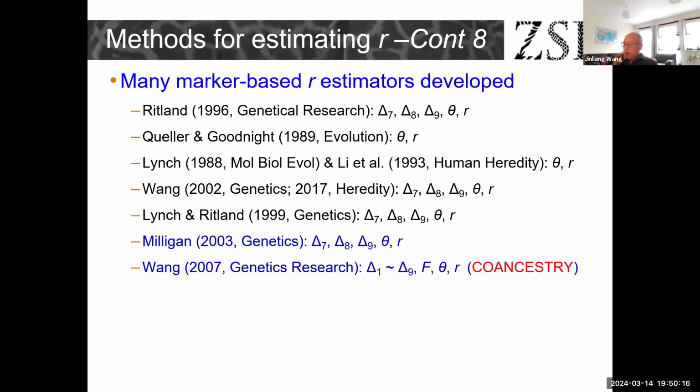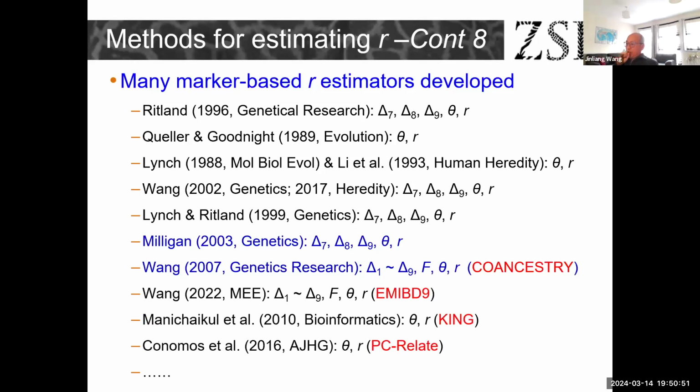And later on, Milligan developed a likelihood estimator to estimate these 3 IBD coefficients. And I developed also a likelihood estimator, but it could be used to estimate all 9 IBD coefficients. And from there, we can estimate inbreeding coefficient as well as relatedness. All these estimators have been implemented in my software called COANCESTRY.